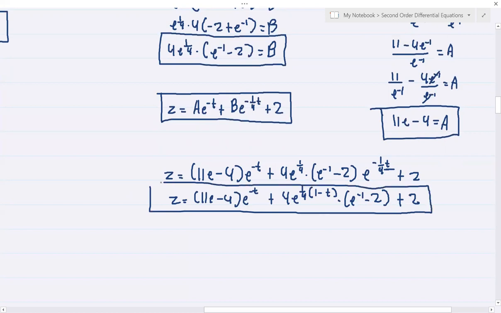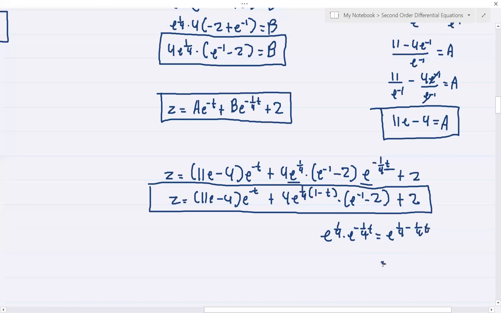Again, if you still don't get how I come up with this one: I cannot cancel this e raised to 1/4 and e raised to negative 1/4 out. However, I can still combine them together. If you combine e raised to 1/4 and e raised to negative 1/4 t, I will have e raised to 1/4 plus negative 1/4 t, or 1/4 minus 1/4 t.